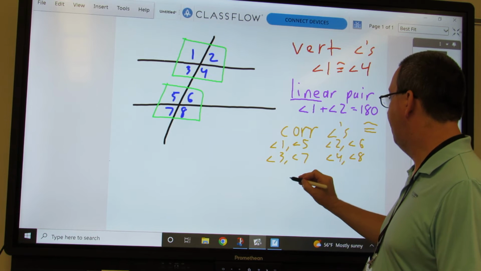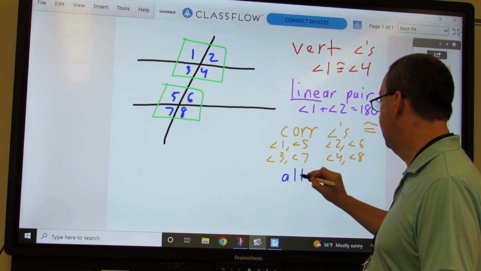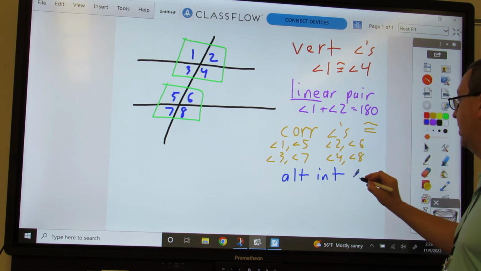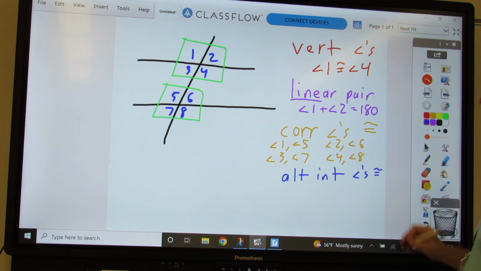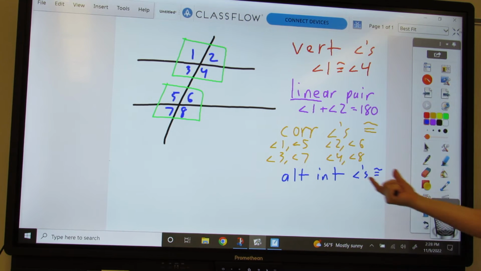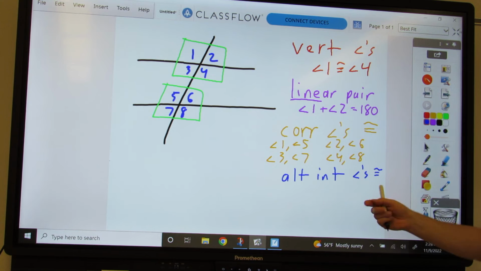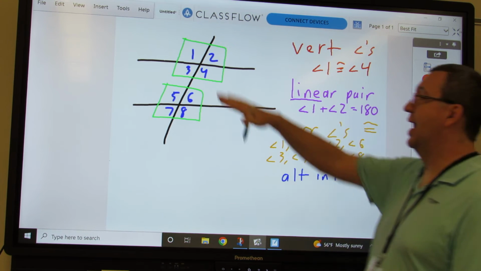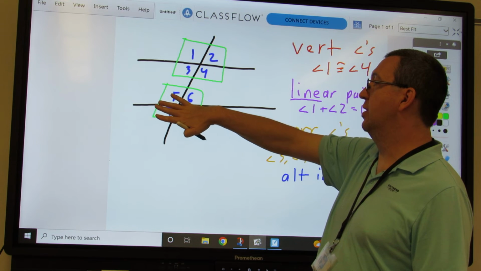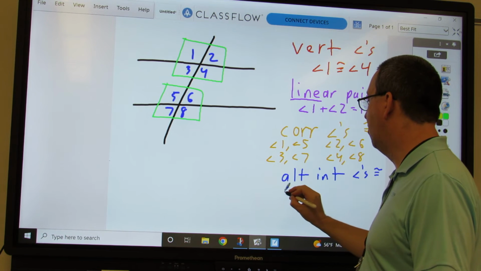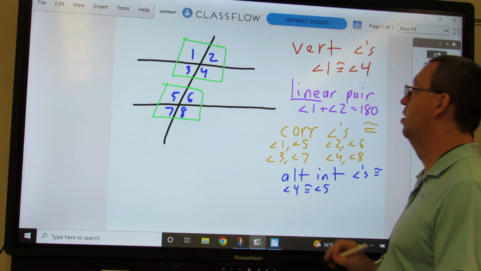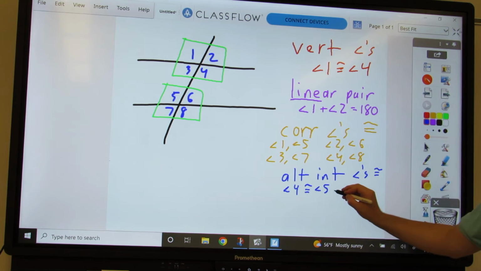We also have alternate interior angles. Alternate interior angles are also congruent. They're going to be in between my two lines, hence the interior, and on opposite sides of the line connecting. So the alternate: again, I need one up here and one down here. So angle 4 and angle 5 would be alternate interior angles.